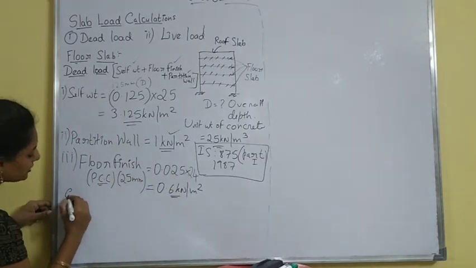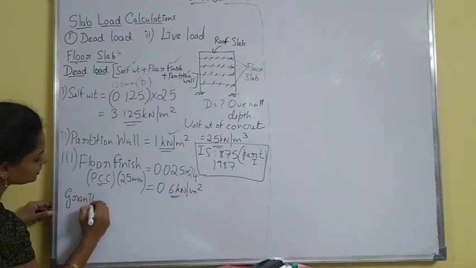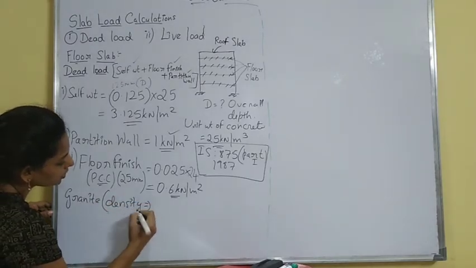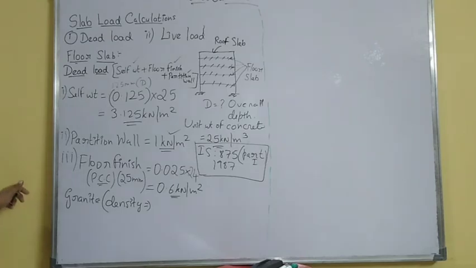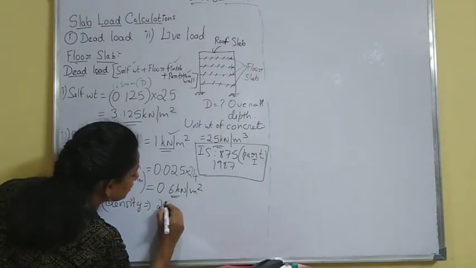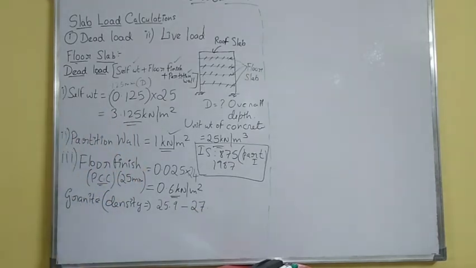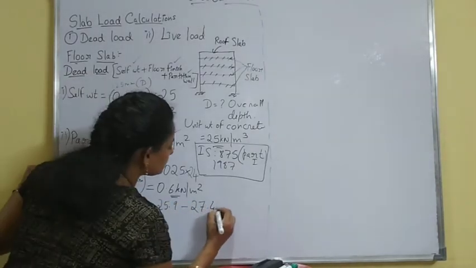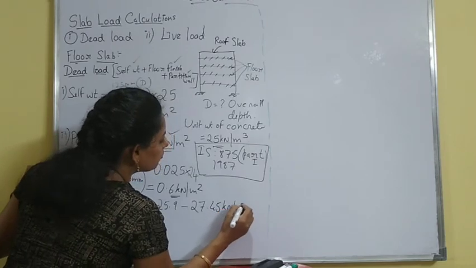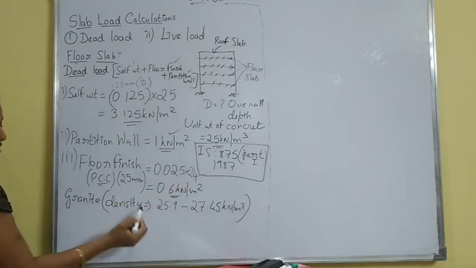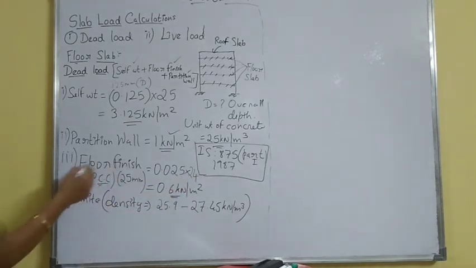Suppose your flooring is granite, its density varies from 25.9 to 27.45. Just multiply the thickness with the density of the granite. You can consider this floor finish if you are providing granite. This is your floor finish load calculation.